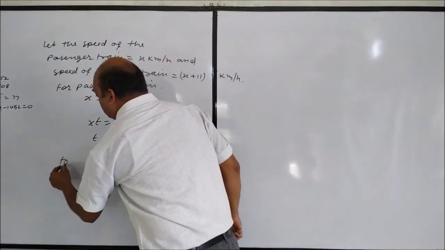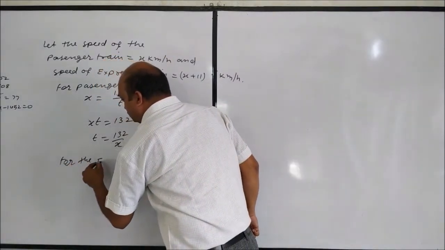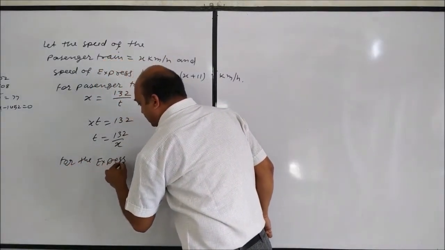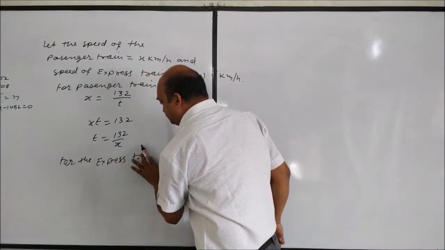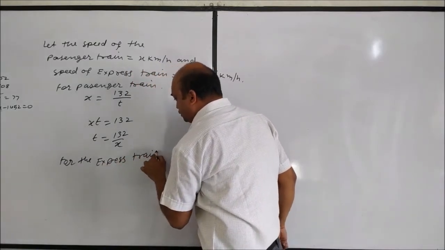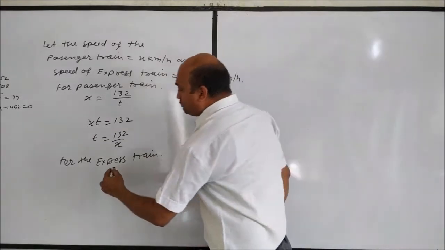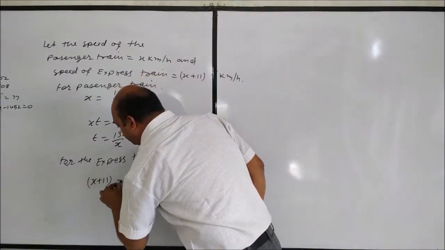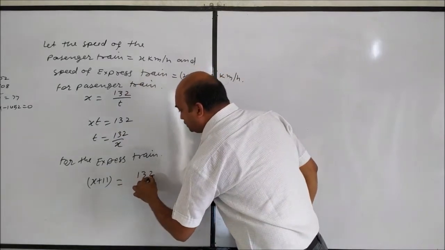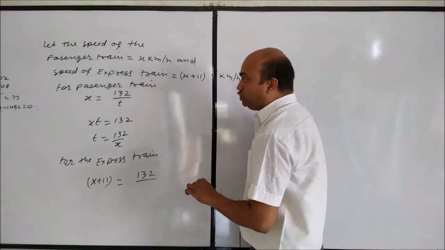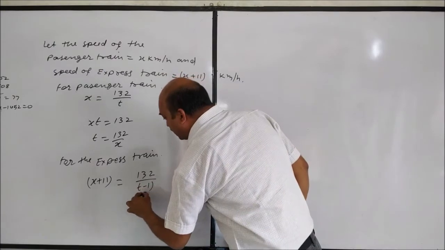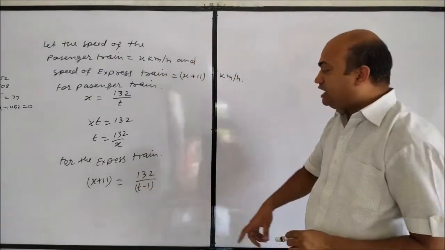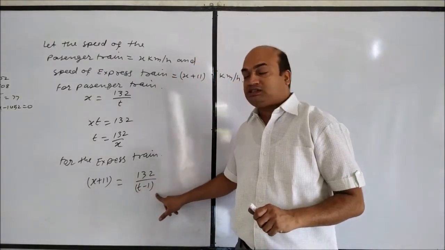Now we talk about the express train. Speed of the express train is x plus 11 kilometer per hour. It travels the same distance 132 kilometer in 1 hour less time. That is, time now will become t minus 1 hour.